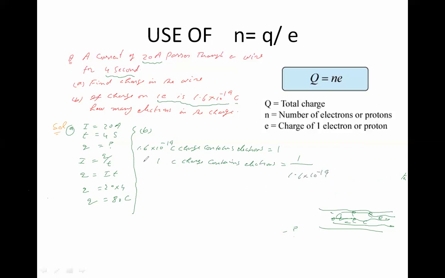This comes below, like this, in unit equations. One coulomb charge contains this number of electrons.